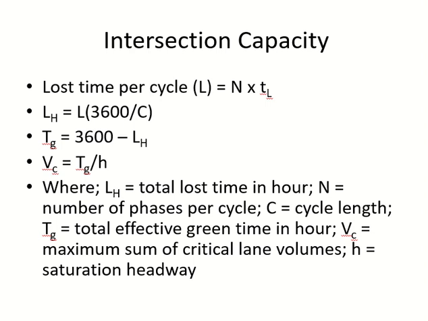This gives me the total number of vehicles I can have in 1 hour. Clear? This is the time I have in 1 hour divided by the interval between the vehicles, giving the number of vehicles you have in 1 hour. This is the maximum volume you can have on an intersection in 1 hour with a signal.